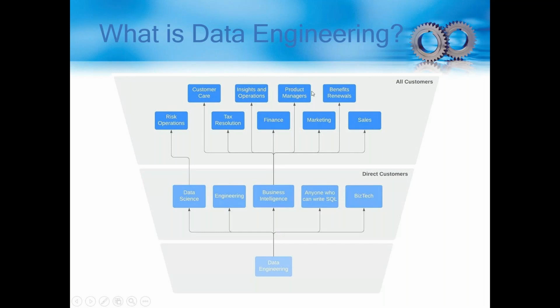These are the customers or the different domains, and these are connected with data science, engineering, business intelligence, anyone who can write SQL, and in turn these are dependent on this data engineer. So this is the core.